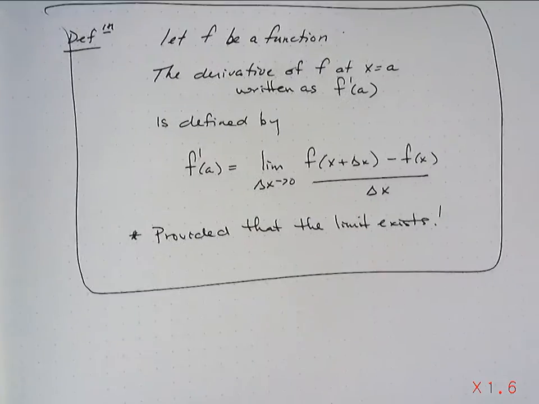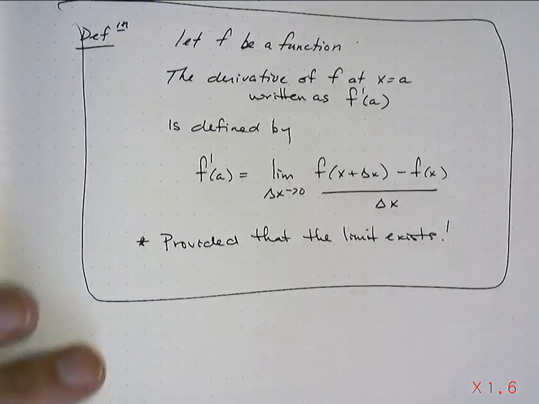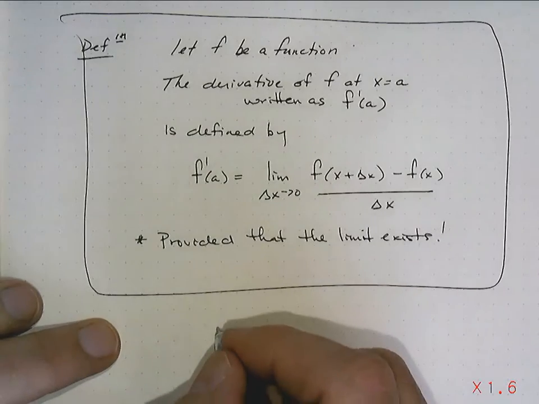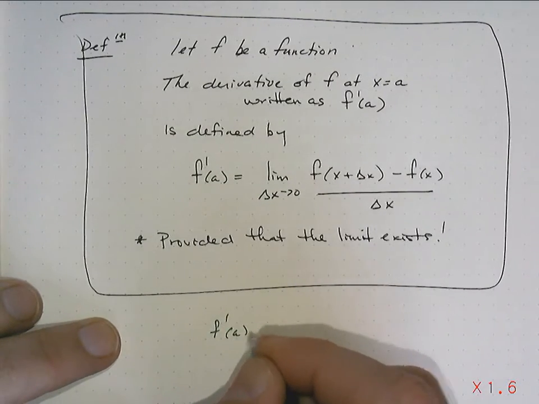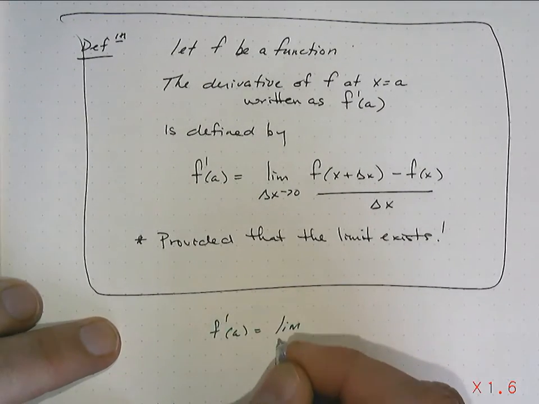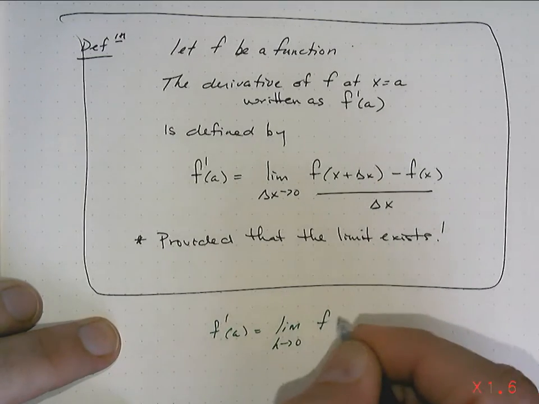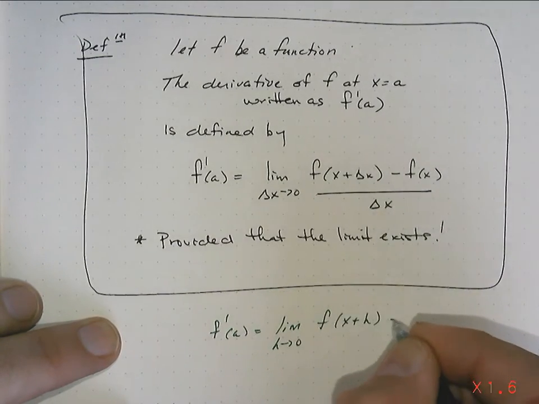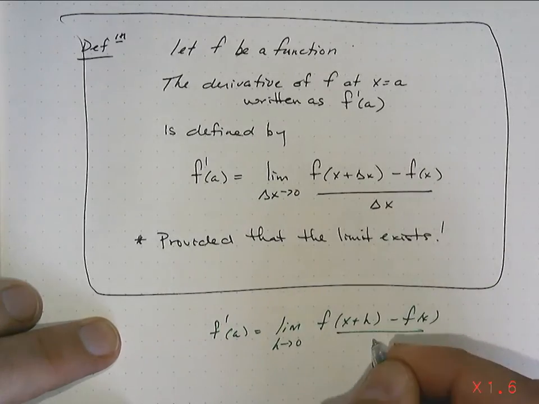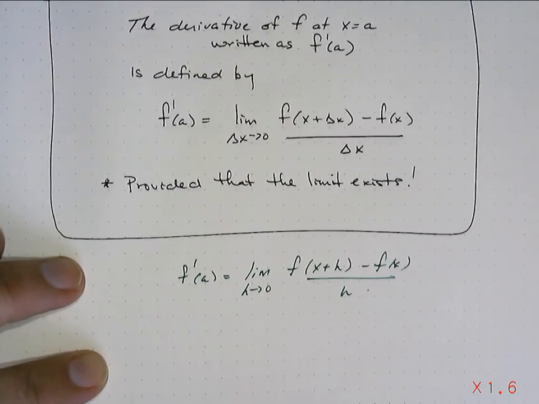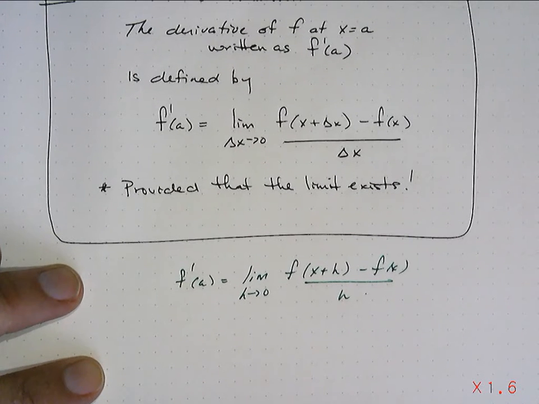Now, it could be that someone wants to write this definition like this. And I will at different times write it like this. There is no difference. Okay? There's no difference if I use h to represent the little bit that I move down the road, or if I use delta x to represent the little bit that I move down the road.